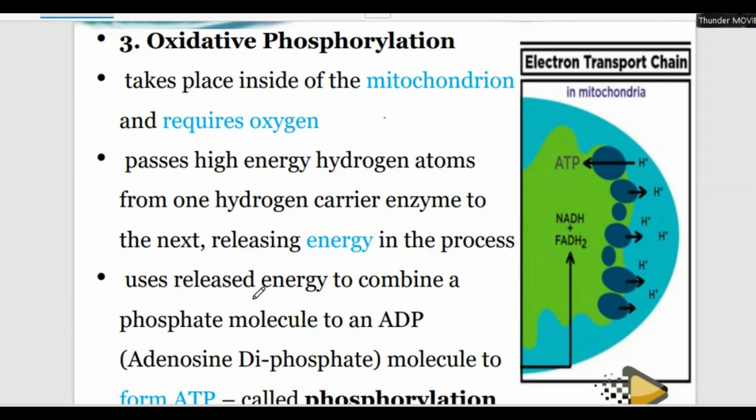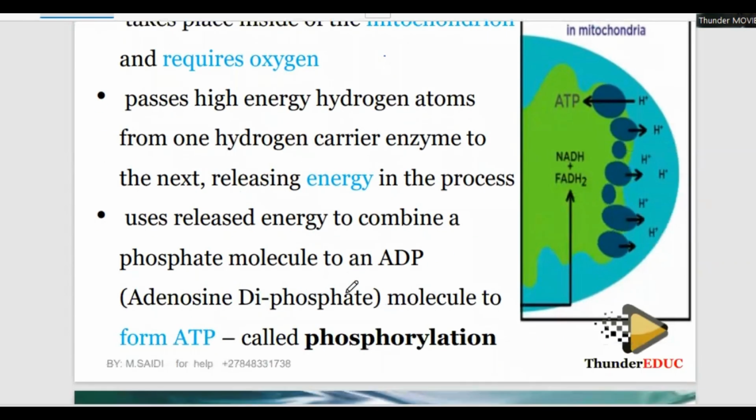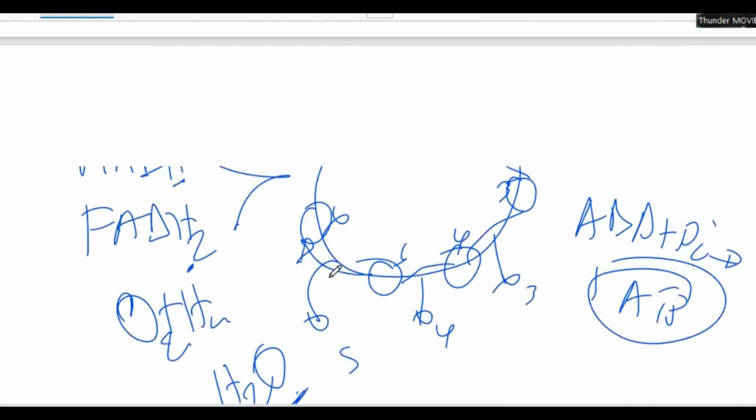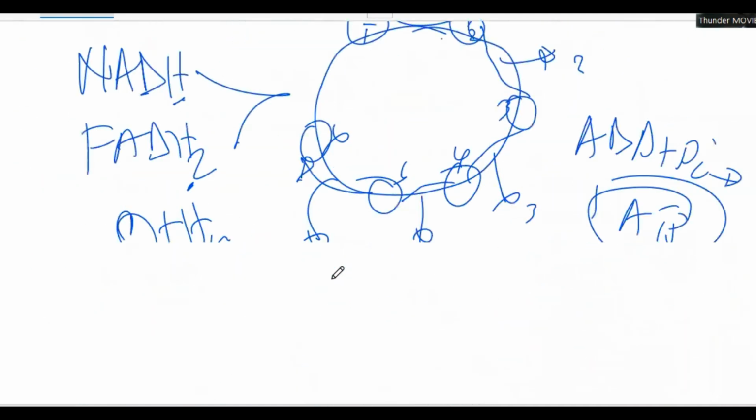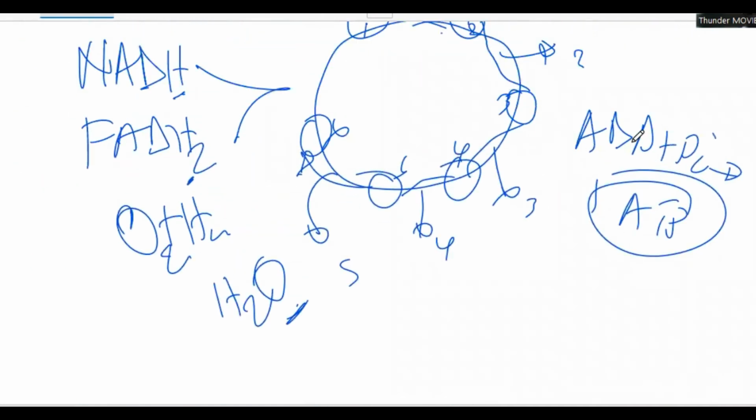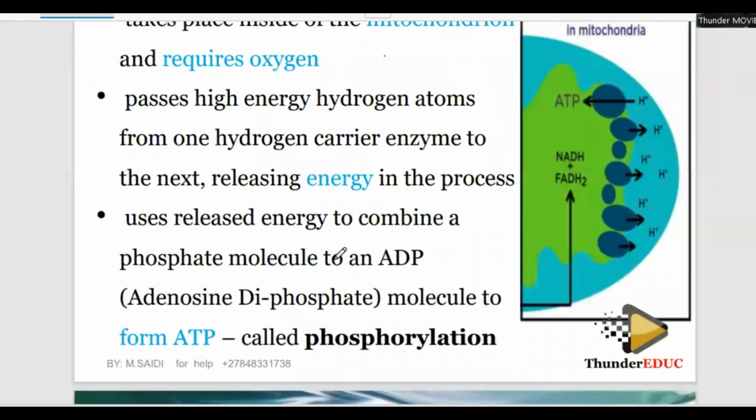The energy which is being released in this process is used to combine the phosphate molecule to an ADP. That is what I showed you here: that energy which is released is used to combine ADP plus an inorganic phosphate to form the ATP. Hence, you form adenosine diphosphate to adenosine triphosphate.